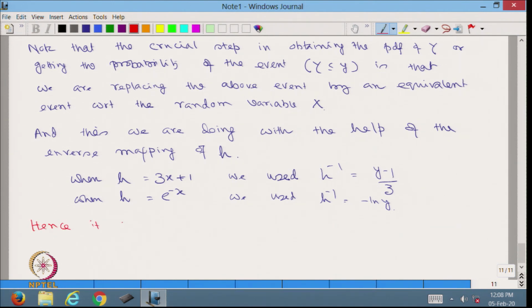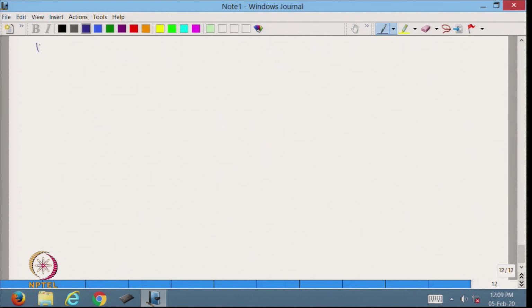Hence, it is critical to have H inverse defined unambiguously. Hence, the major requirement is that H is invertible.